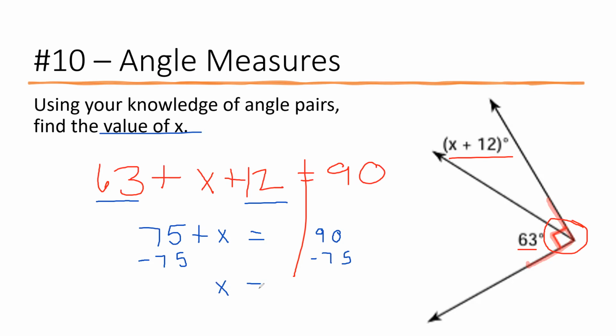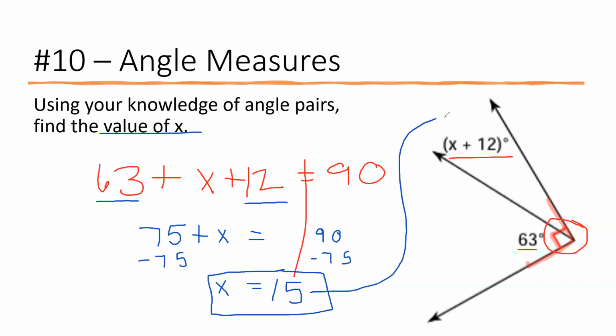So x is equal to 90 minus 75, which is 15. And looky there, my x is by itself, which means we are done. That is our answer. In order for these two angles to really add up to 90 to be complementary angles, our value for x has to be the number 15.